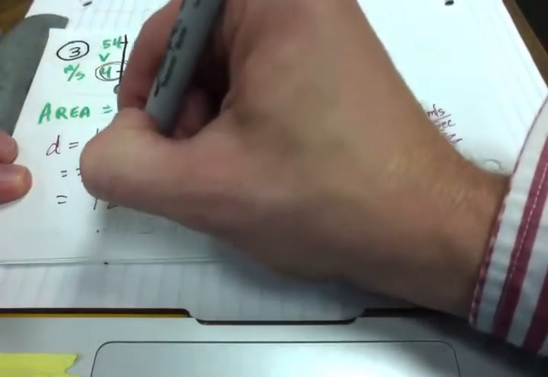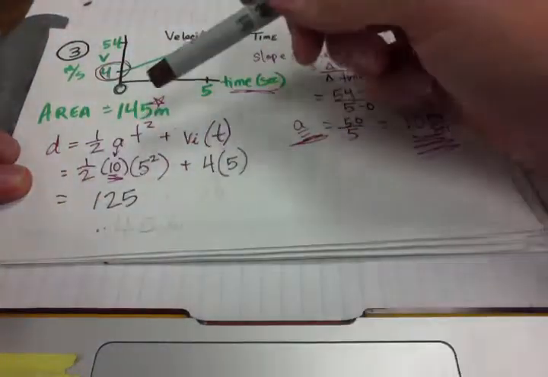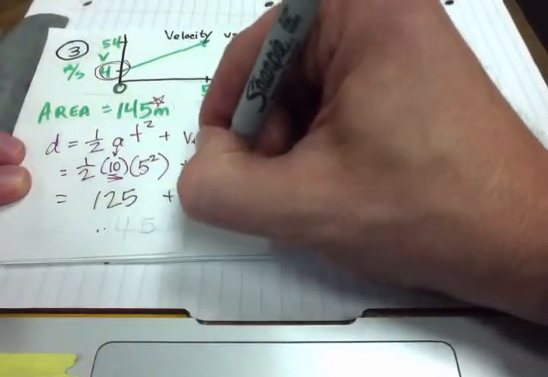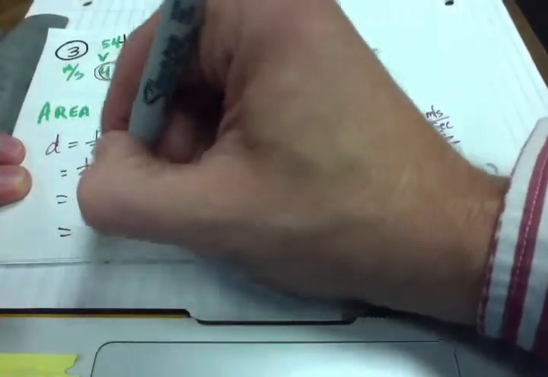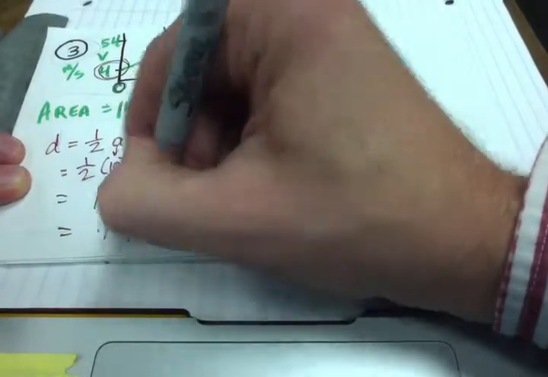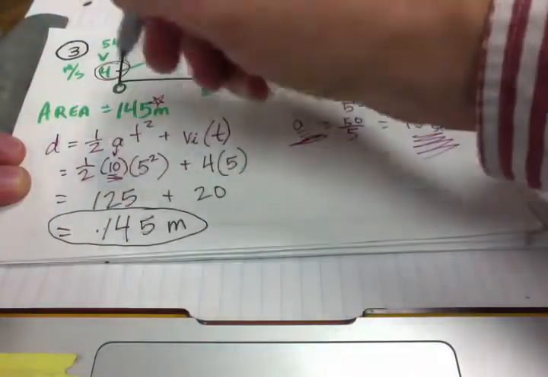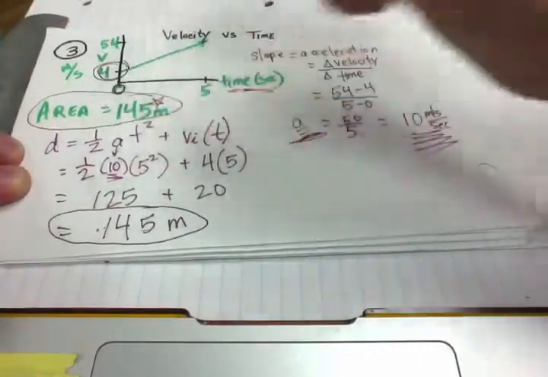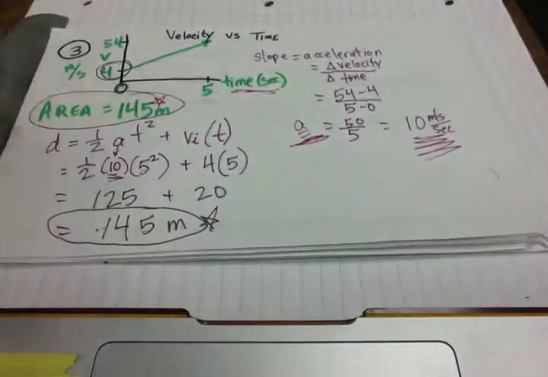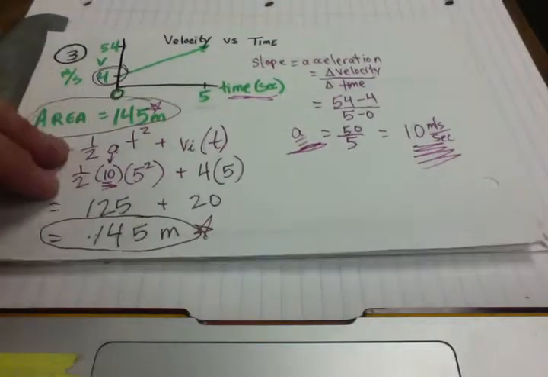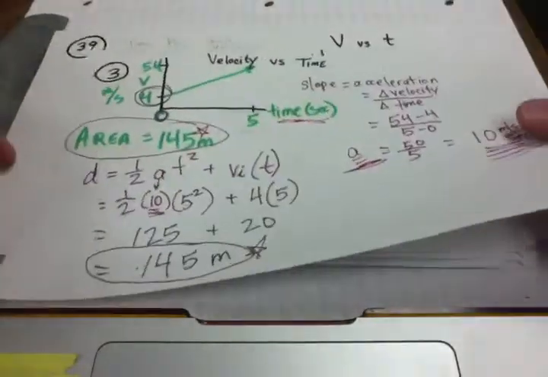So when I plug and chug here, 25, that's 125, 4 times 5, it's 20, but yay! Our distance formula works, our area feature works. Okay. So yeah, that is velocity versus time graphs.